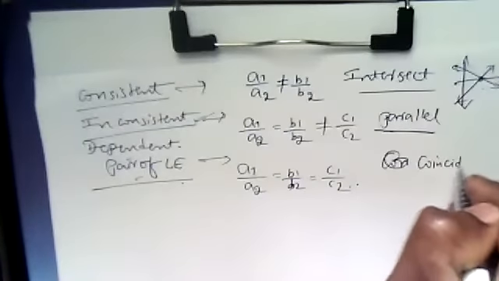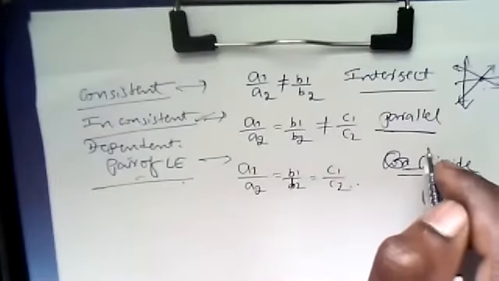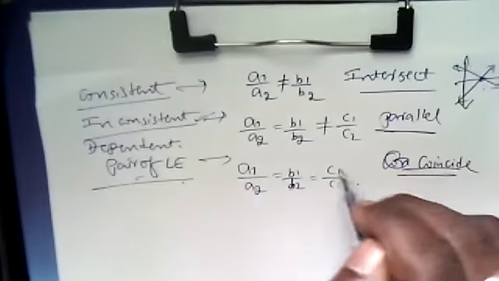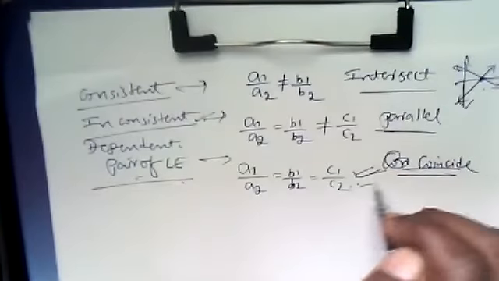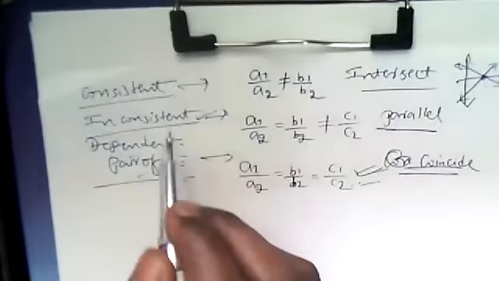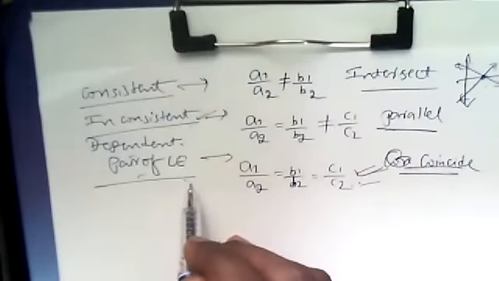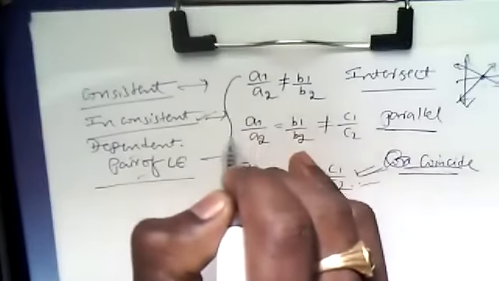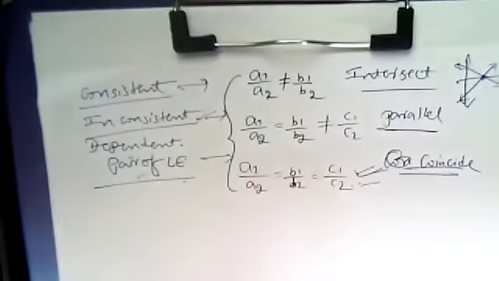You obtain coinciding graphs for this type of linear equations. Consistent, inconsistent, dependent: in the problems, you should know these three conditions.